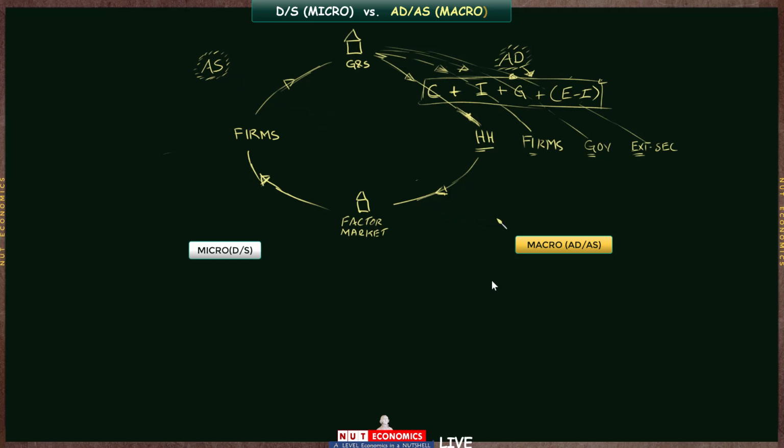So in this model of ADAS, let's stick to aggregate demand side first of all. When we say equilibrium can change, then we start thinking about, okay, what can cause aggregate demand to change? So we are almost there to our aggregate demand supply model.